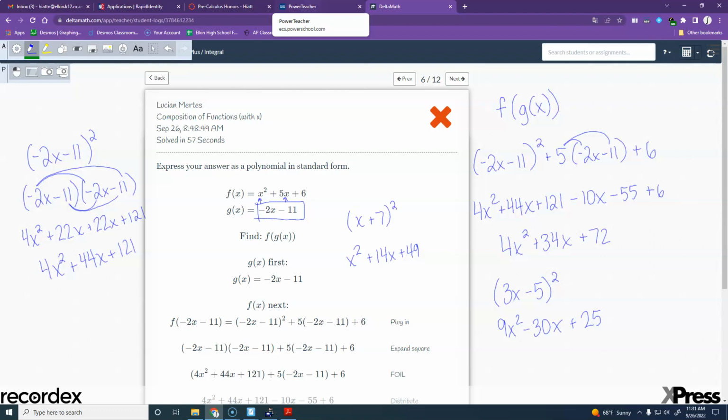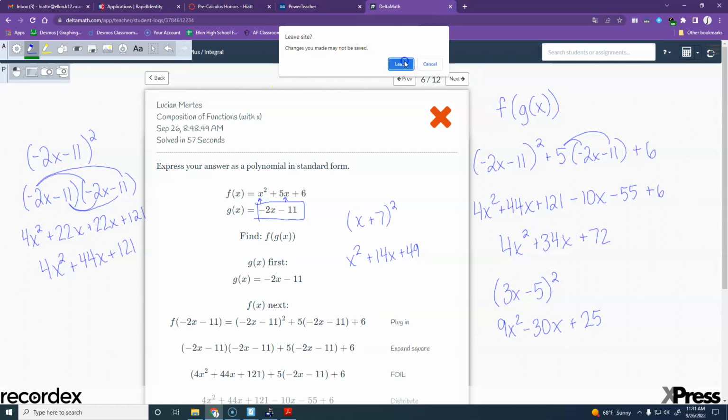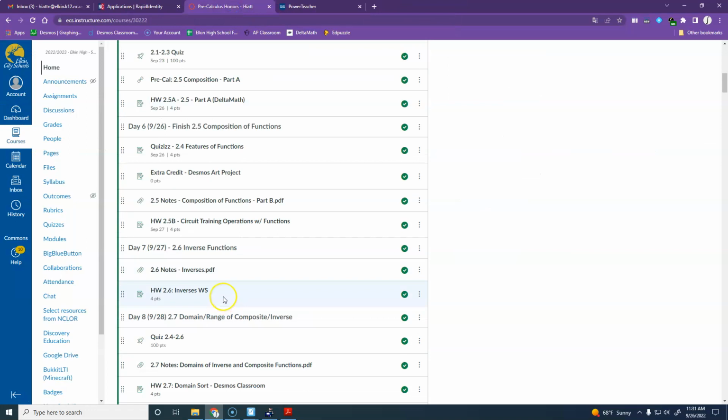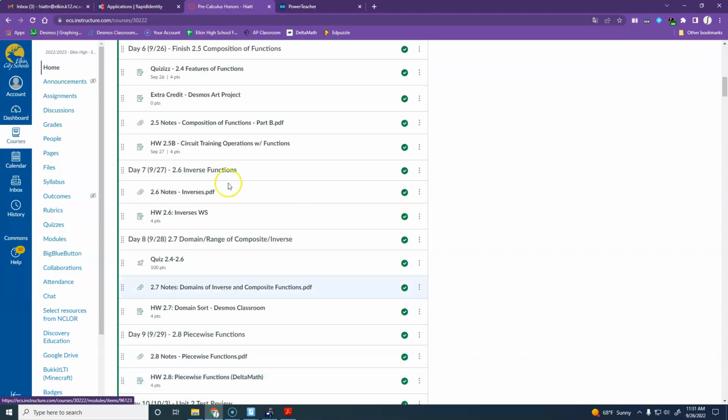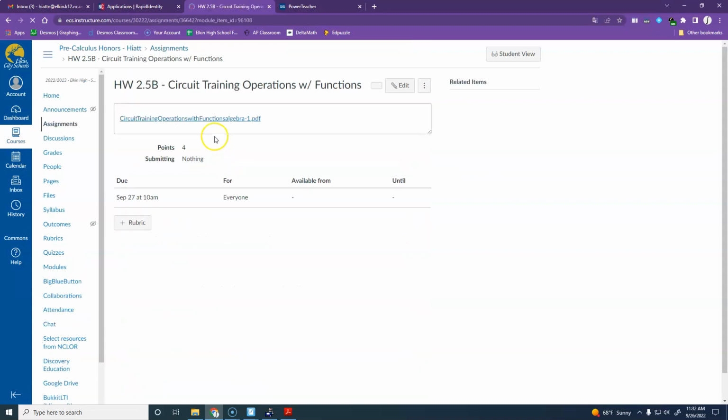Alright, let me make sure everybody knows how to do these worksheets. So, these are circuit worksheets.